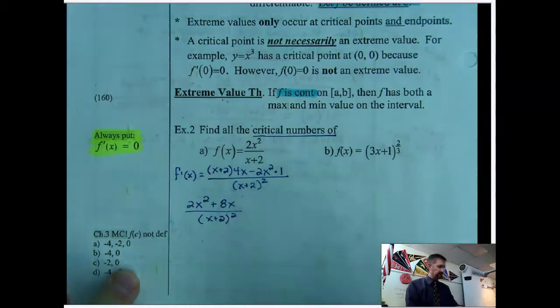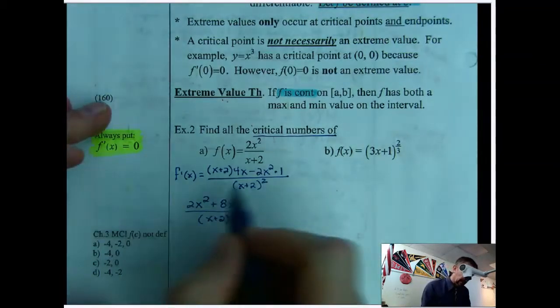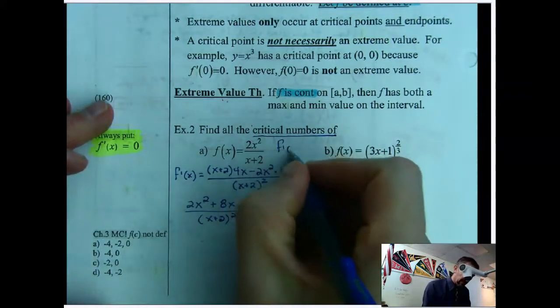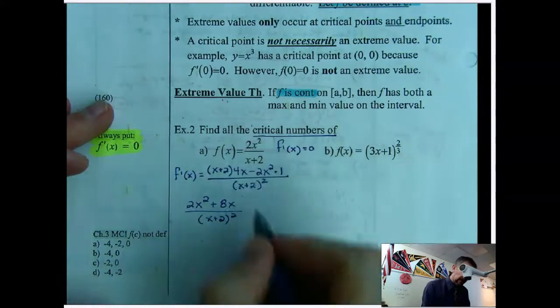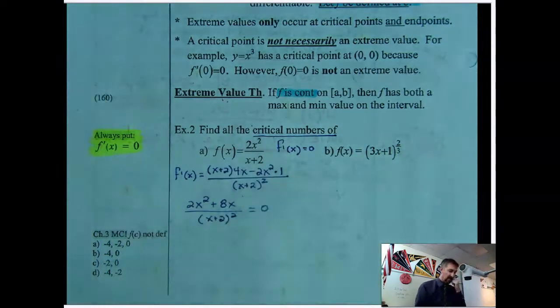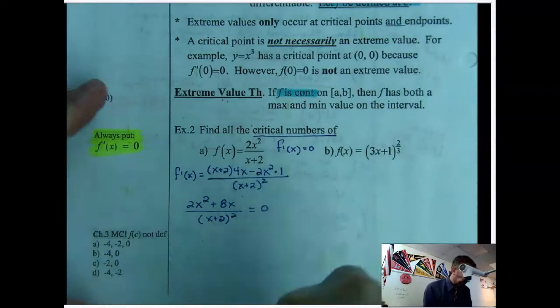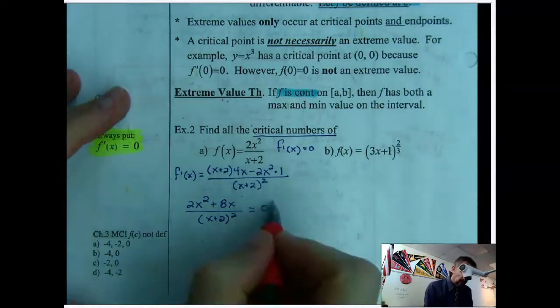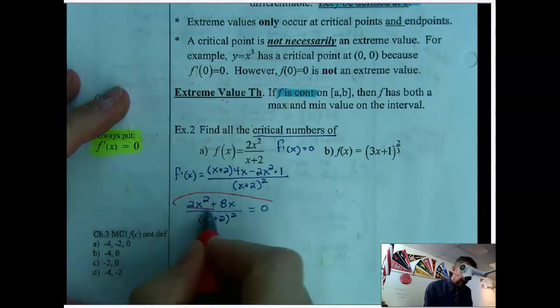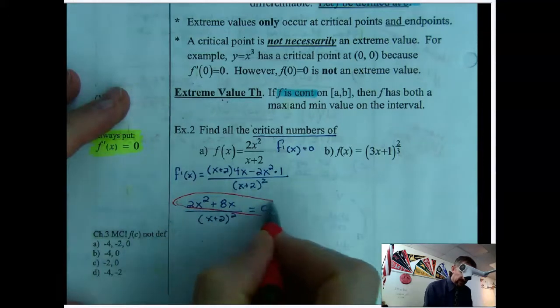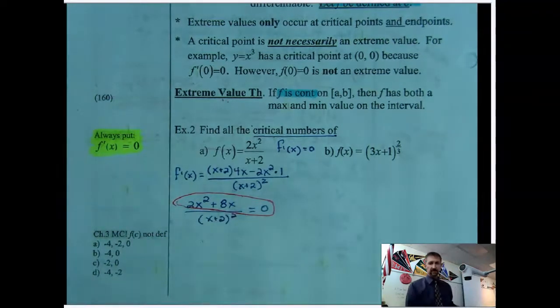all right. So I just said f prime of x equals 0. That's what we're looking at. So if we set that equal to 0. So first of all, for a rational expression to be equal to 0, the numerator has to be 0.